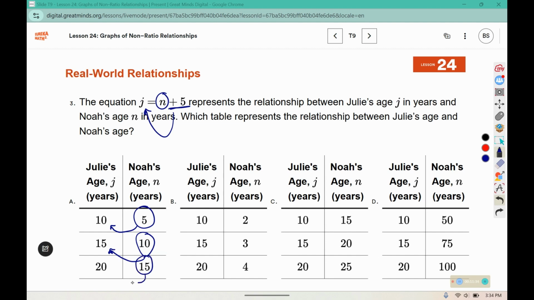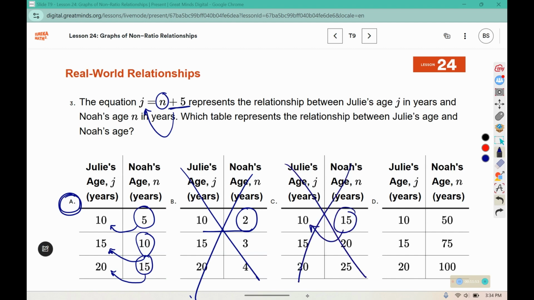And if I add 5 to Noah's age, that gives me 20 for Julie's age. So I'm thinking A is correct, but let's check. Is 2 plus 5 10? No. Is 15 plus 5 10? Also no. If I add 5 to Noah's age, does that give me 10? No, that should be 5, so A is correct.